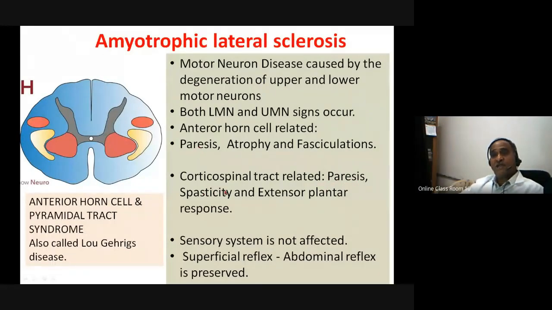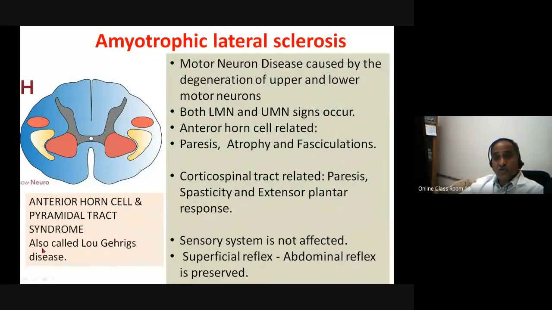Here flaccid paralysis, here spastic paralysis, and the extensor plantar response, that is the Babinski sign, becomes positive. And in both situations, the sensory system is not affected. Thus, the superficial reflexes and the abdominal reflexes are preserved. Here, it is known as anterior horn cell and pyramidal tract syndrome, amyotrophic lateral sclerosis.